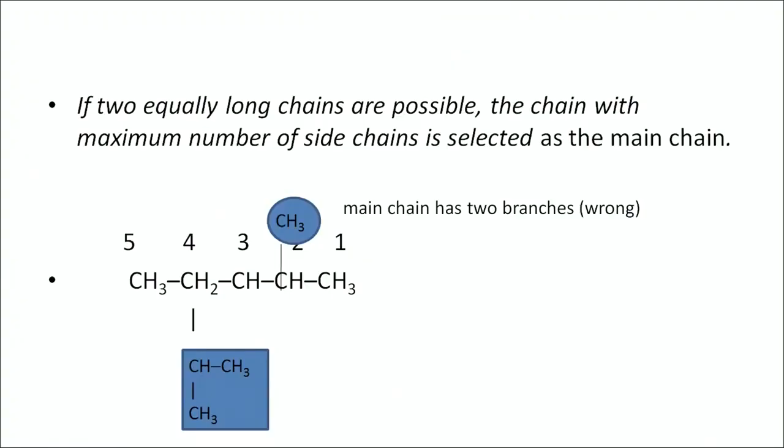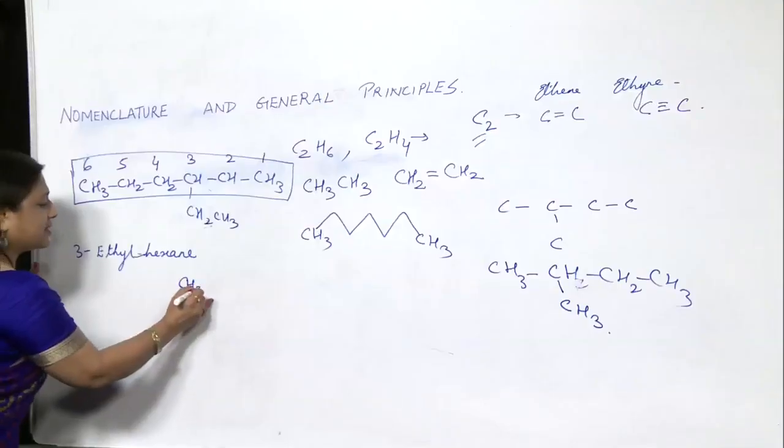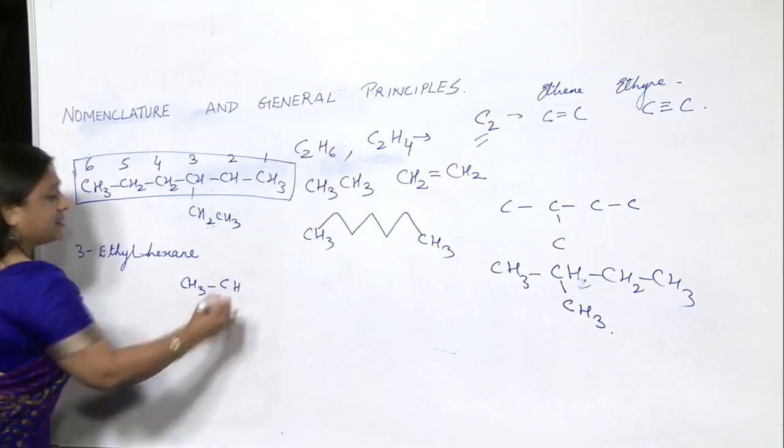If two equally long chains are possible, the chain with the maximum number of side chains or branches is selected as the main chain. You can see from the example, suppose I take this example, CH3, CH.